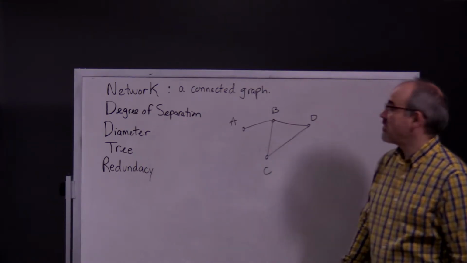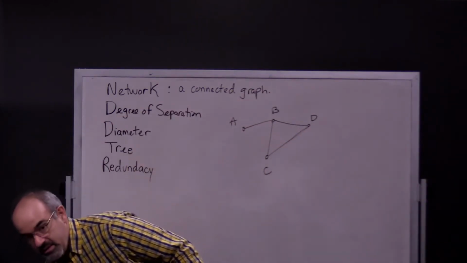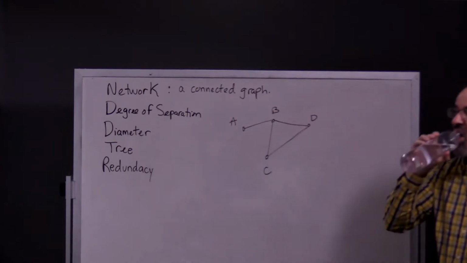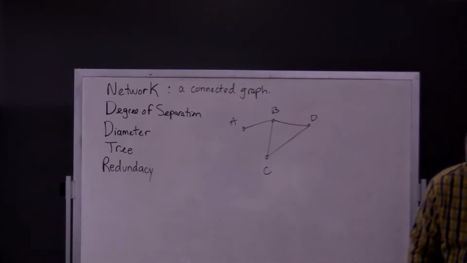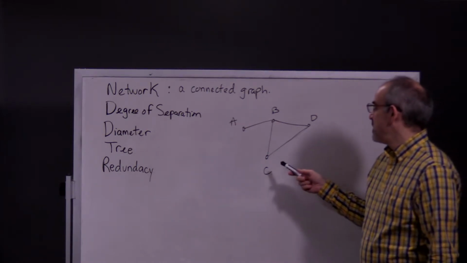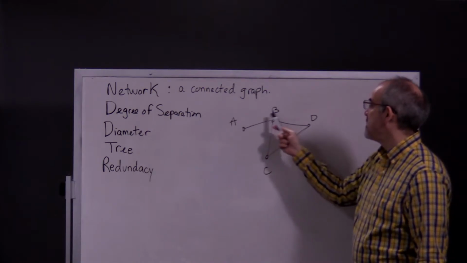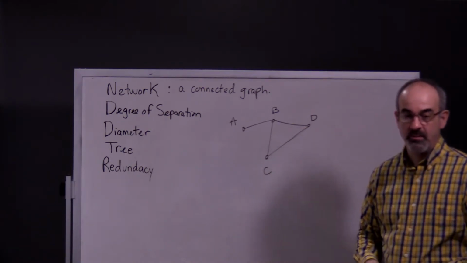Okay, so our new graph looks like this. Remember what this is. It's people's connections on Facebook. So C is friends with D and B, A is friends with B, B is friends with D and C, so on and so forth.